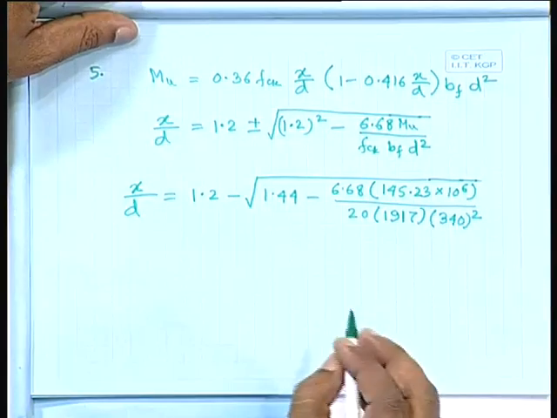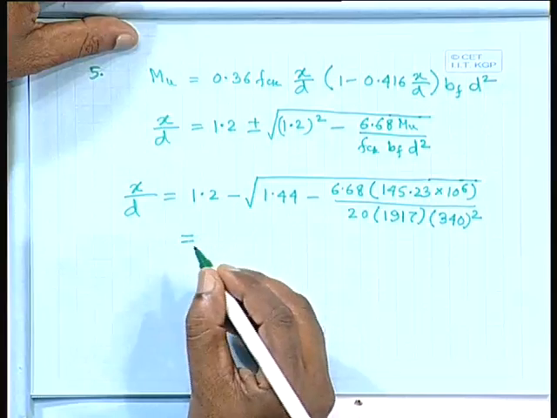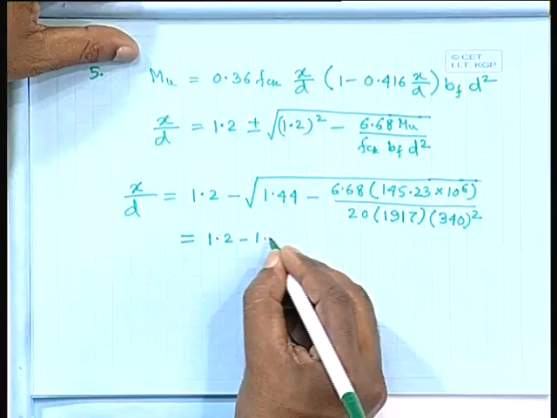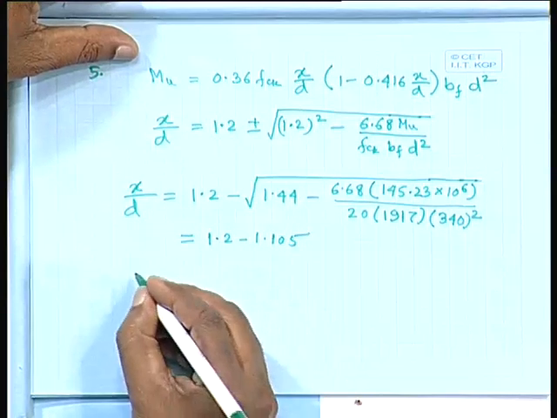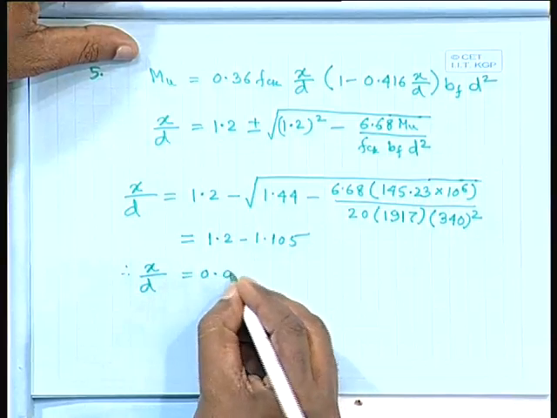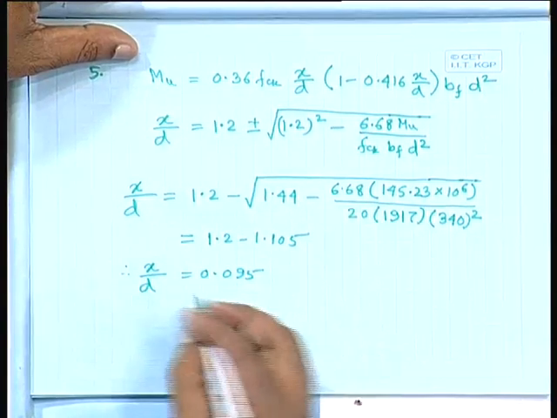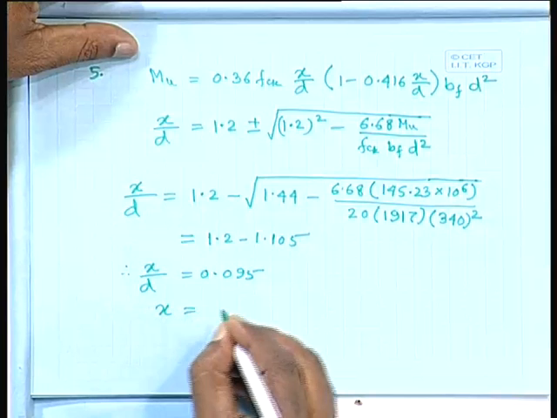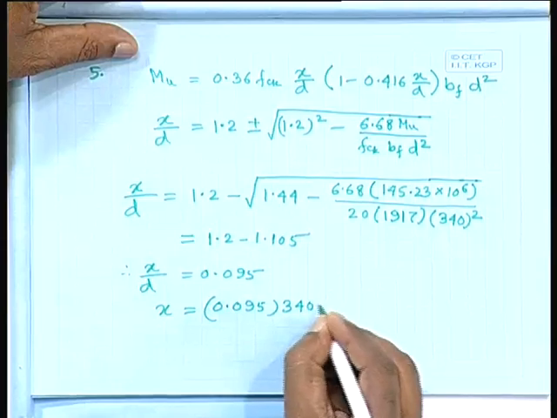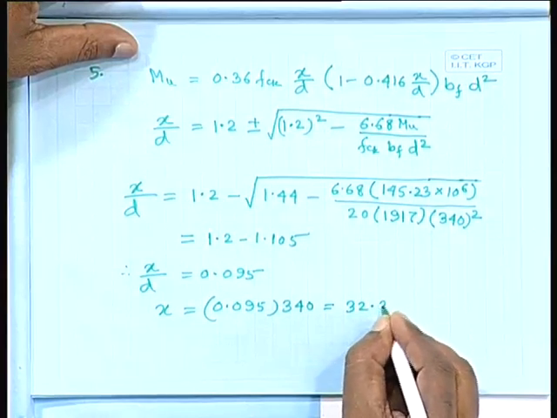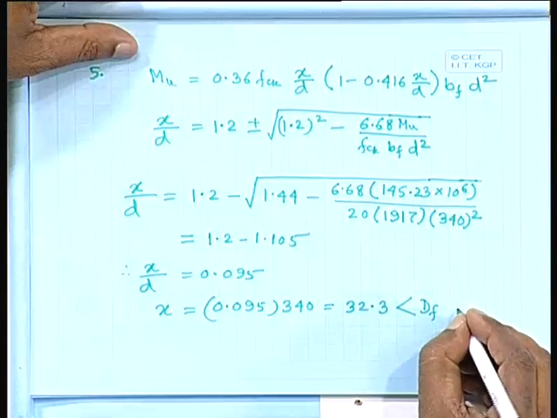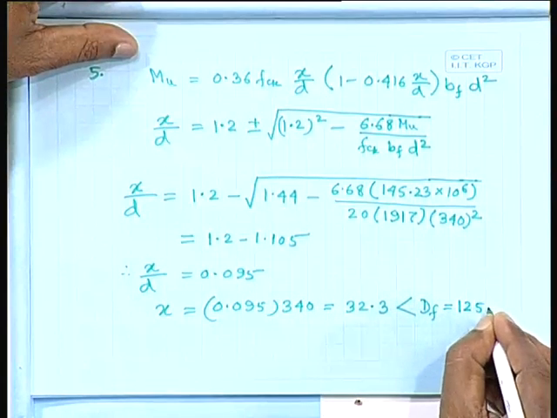So, that is 340, which comes as x by d equal to 0.095 and x equal to 0.095 times 340 equals 32.3, less than Df, depth of the flange or slab, which is 125 millimeter.